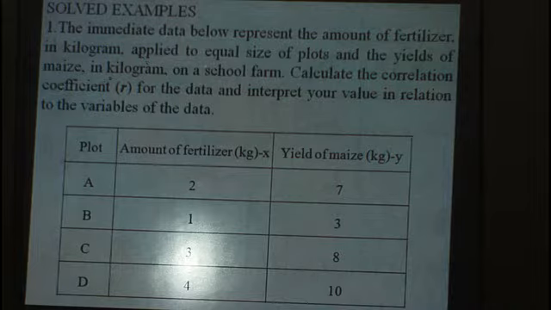The data below represent the amount of fertilizer in kilograms applied to equal size of plots and the yields of the maize in kilograms on a school farm. Calculate the correlation coefficient R for the data and interpret your value in relation to the variables of the data.